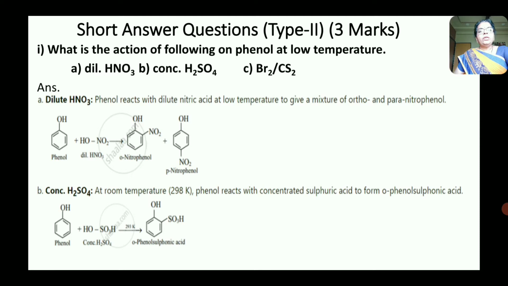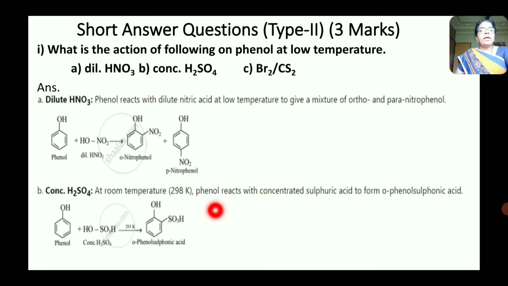This is the reaction. When phenol is treated with concentrated H2SO4, then hydrogen atom from ortho position of phenol is replaced by SO3H group. Removal of H2O takes place to form orthophenol sulfonic acid.